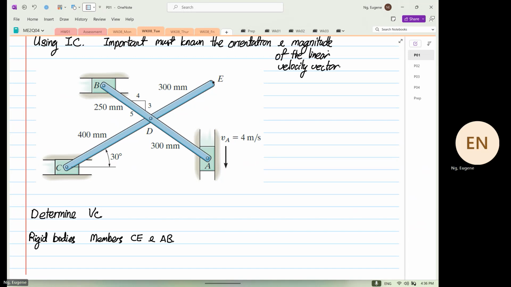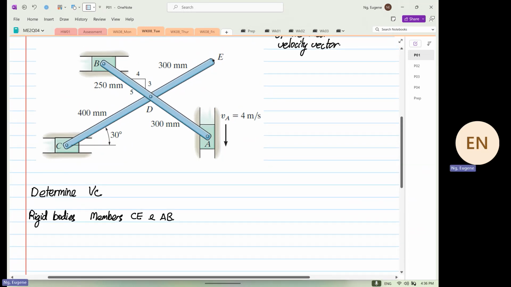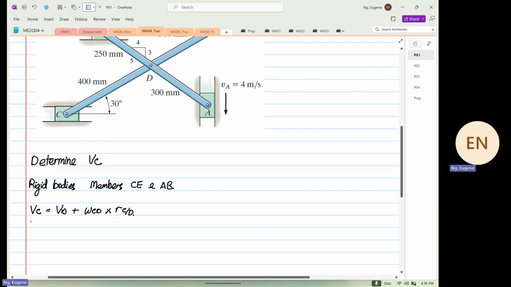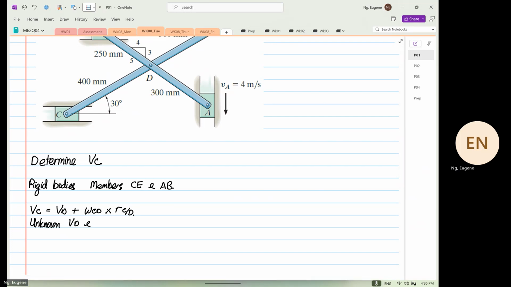So from here, we can write out the expression that VC is equal to VD plus omega CD cross R C from point D. Unfortunately, we have unknowns. We don't know what our VD is and we don't know what our omega CD is.